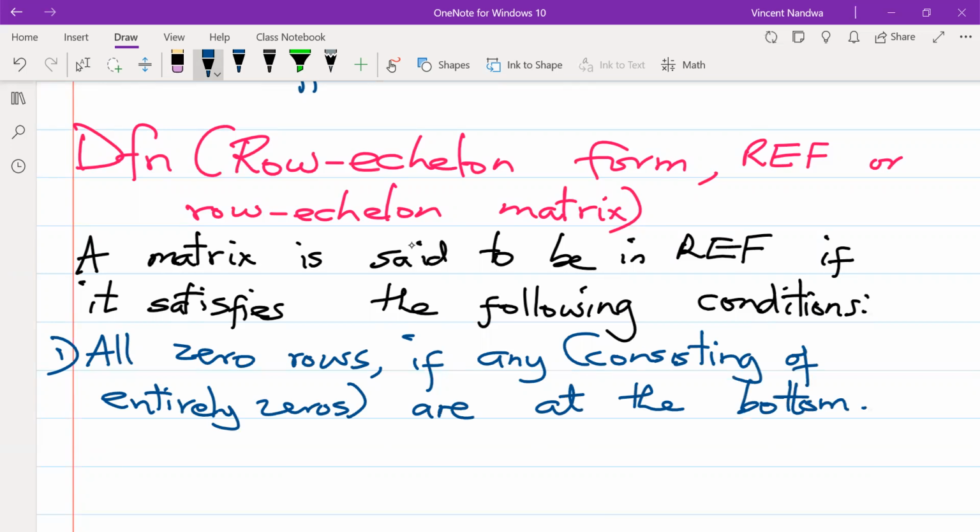Please get the condition clearly. All zero rows, if any. Sometimes the matrix need not have zero rows. But if there is any row that has all the elements in that row to be 0, then it must be at the bottom of the matrix.